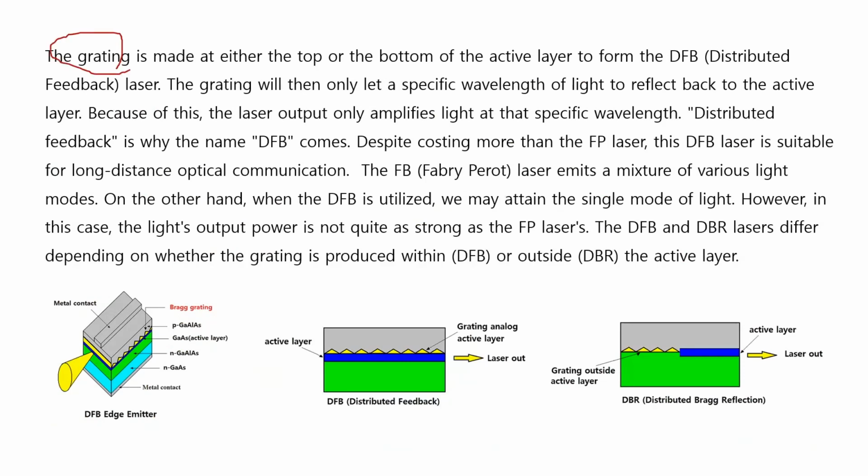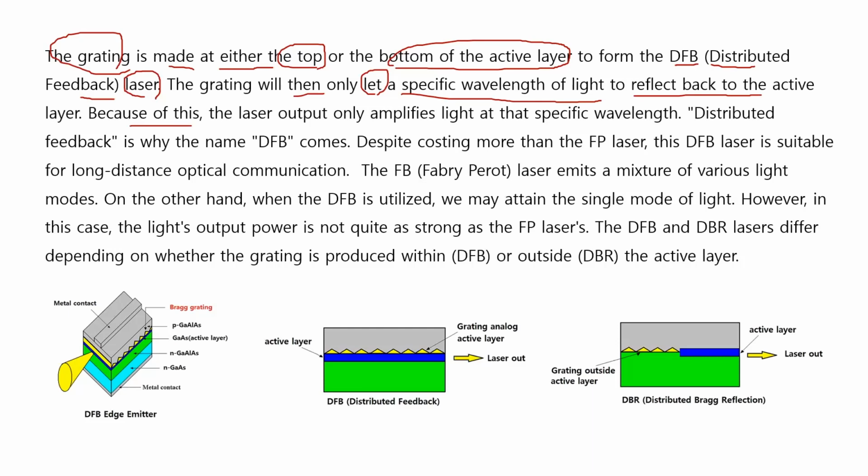The grating is made at either the top or bottom of the active layer to form the DFB, distributed feedback laser. The grating will then only let a specific wavelength of light reflect back to the active layer. Because of this, the laser output only amplifies light at that specific wavelength. Distributed feedback is why the name DFB comes.